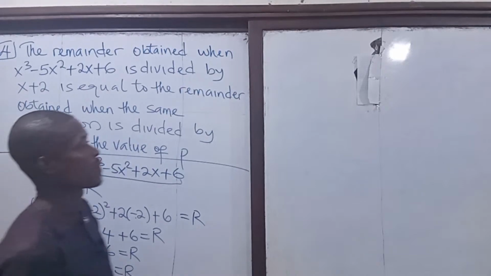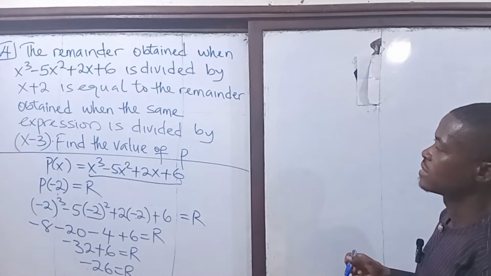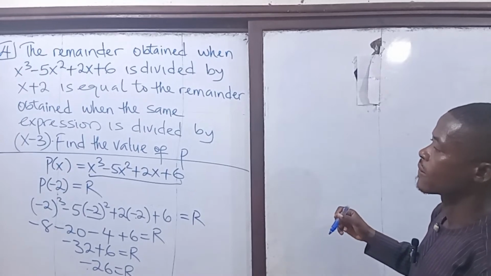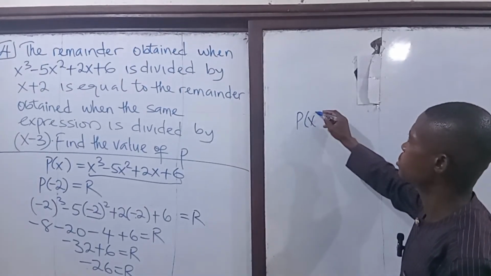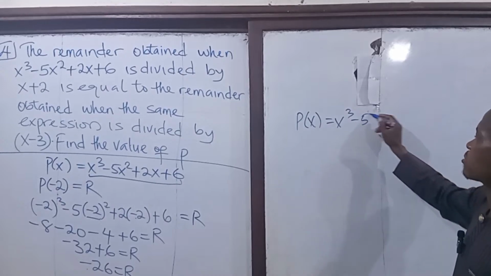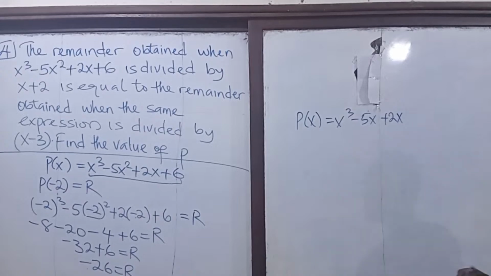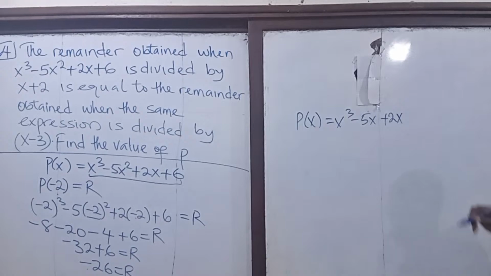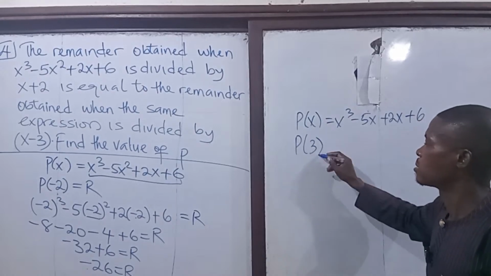Another thing they said again, that when the same expression p of x, x cubed minus 5x squared plus 2x plus 6, when it's divided by x minus 3, so that will be p of 3.